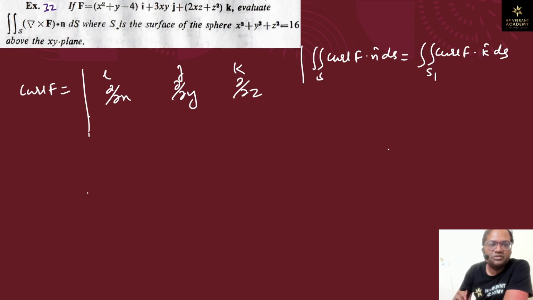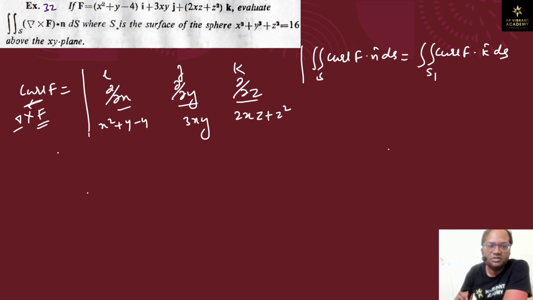Curl of f is del cross f. The components of del are these and the components of f are x square plus y minus 4, 3xy, and 2xz plus z square. So let us calculate this. This is equal to i cap times del upon del y of the third component, which is 0, minus del upon del z of 3xy, plus j cap times del upon del z of the first component, which is 0, minus del upon del x of the third component, which is 2z.